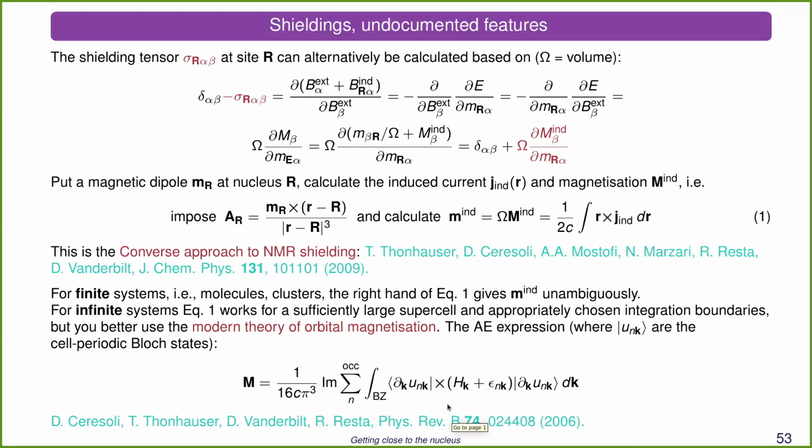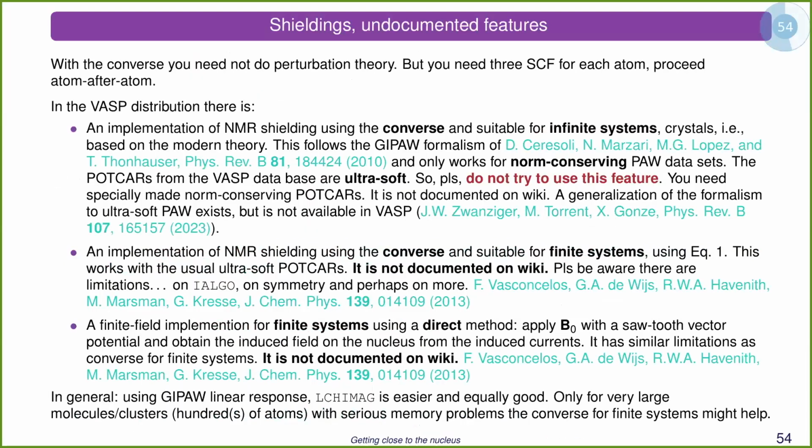And the same holds here. This actually builds on a derivation in this paper, for example, where they go to a Wannier function picture of localized magnetization and then transform it to this Bloch picture. Okay, that is present in VASP for infinite systems, but you cannot really use it. That's a little bit of a warning.